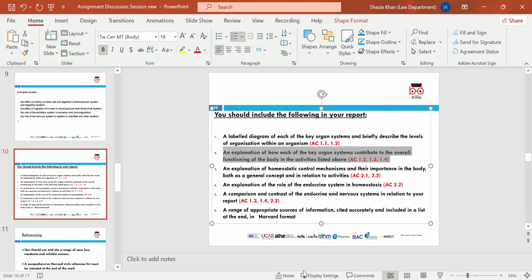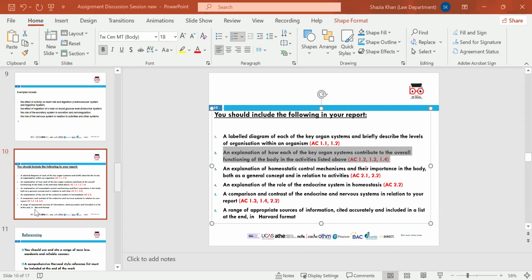Okay, all right. The second part is looking at an explanation of how each of the key organ systems contribute to the overall functioning of the body, in which activities listed above. So here you would look at learning outcome 1, and you would look at 1.2, 1.3, and 1.4 as well. So you would be looking at page 26 onwards.